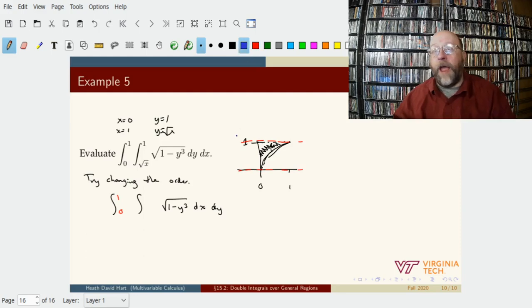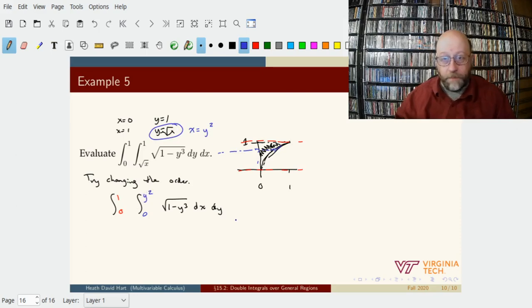Then if I were an arrow traveling between those boundaries in the x direction, I enter the shape along this vertical line, which is x equals 0, and leave the shape along this curve. But I have to express it as x equals something. So x equals y squared.